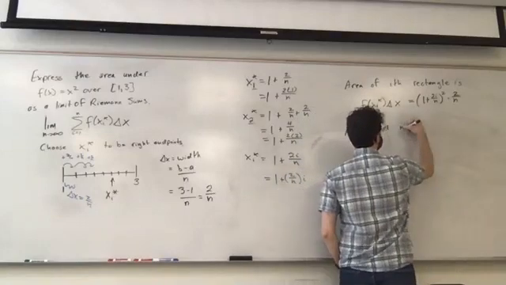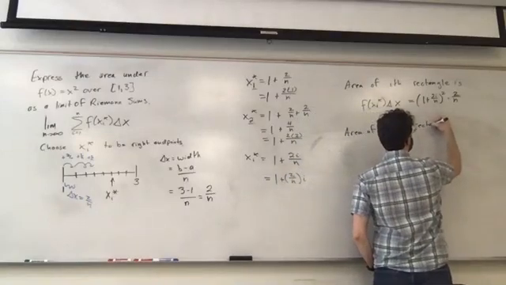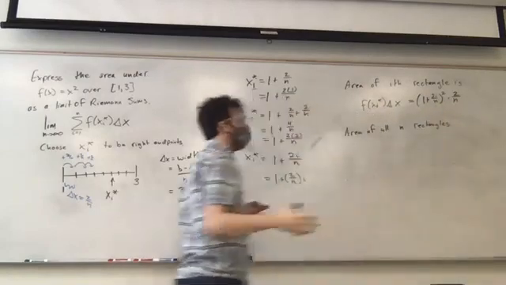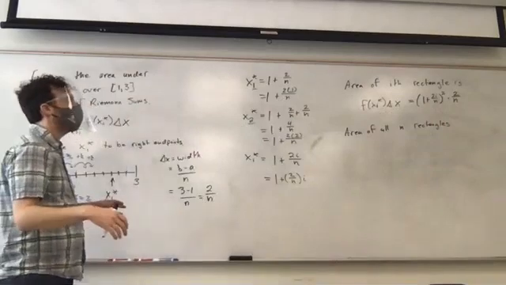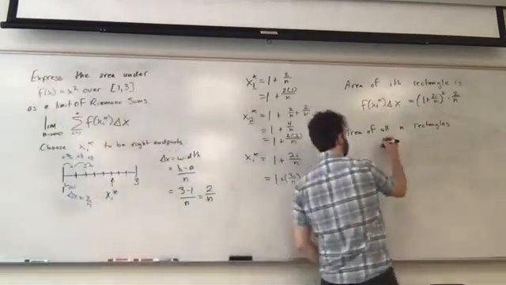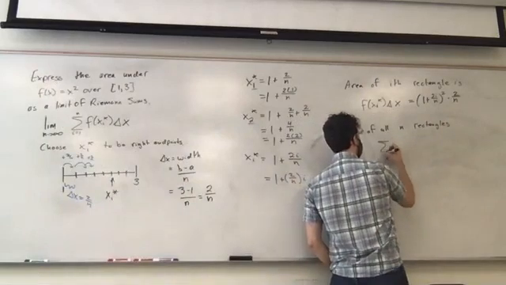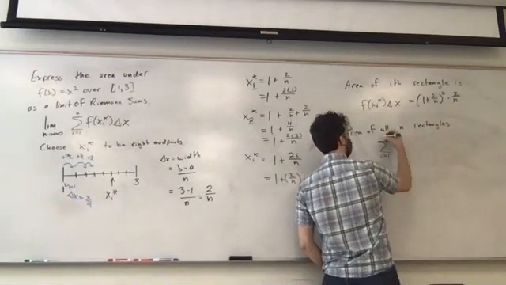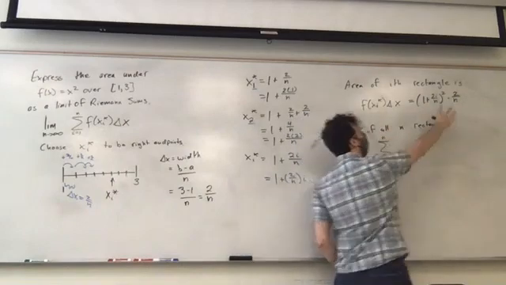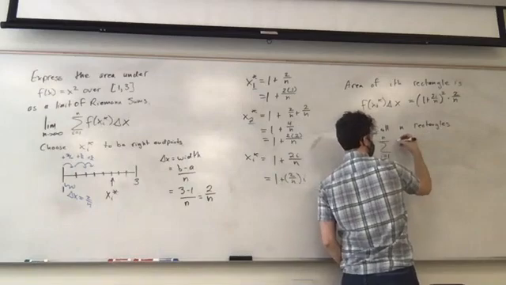The area of all the n rectangles, when each of them has this particular form, changes depending on which rectangle you're looking at. But the area of all of them is the sum from the first rectangle to the nth, which is the last of our rectangles, adding up the areas of each one.